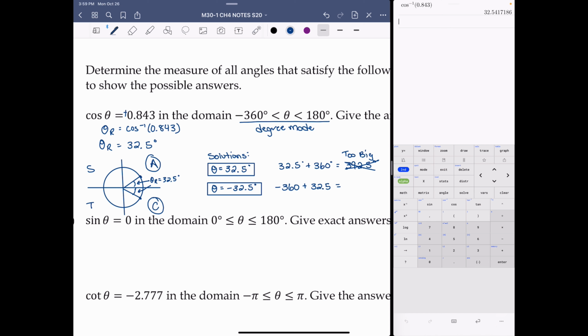So negative 360 plus 32.5 is negative 327.5 degrees, which fits in our domain for theta. So theta equals negative 327.5 degrees. So we end up with three different angles that would give us cos theta equals 0.843 in the domain of theta greater than negative 360 and less than 180.